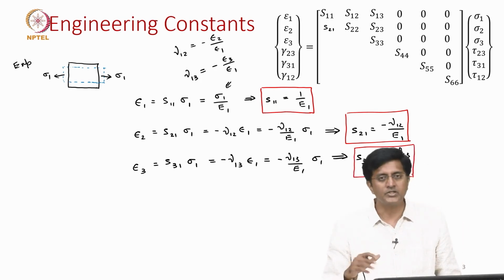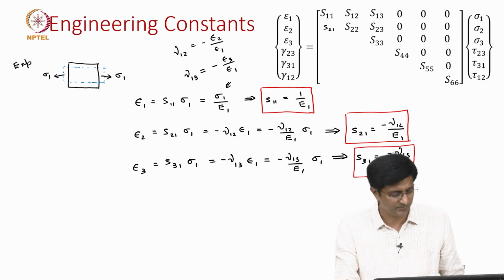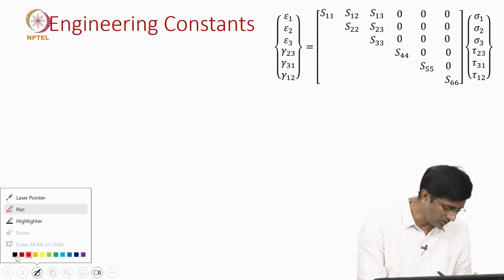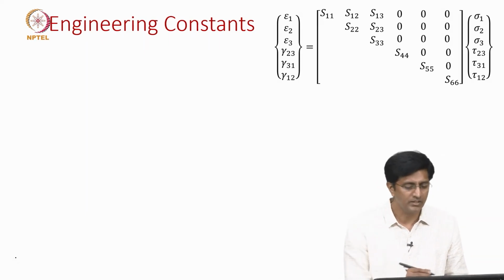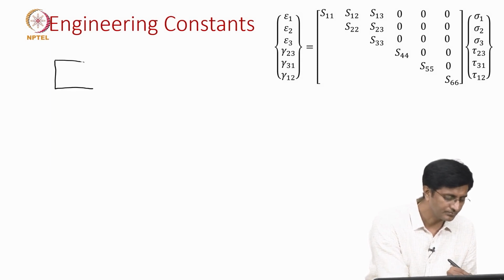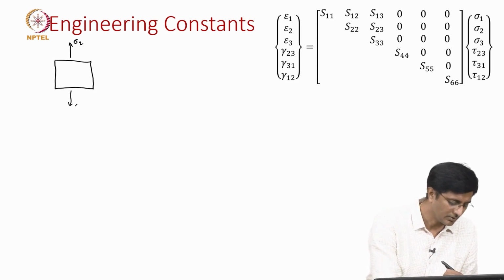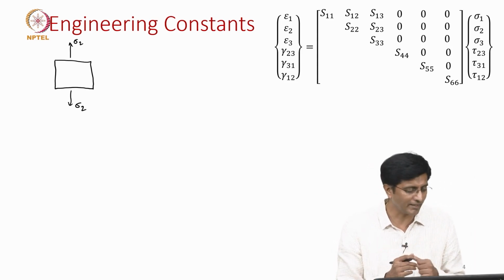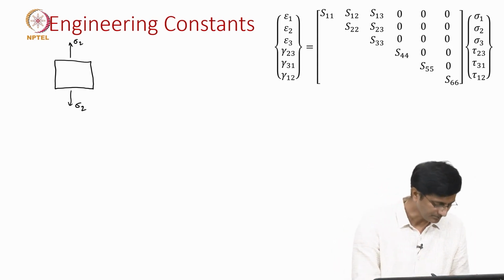Fine. Now let us move into a second experiment, where instead of applying the normal load in direction 1, this time we apply it in direction 2. Let us say this is sigma 2 and sigma 2, and this is the only non-zero load acting on the material.